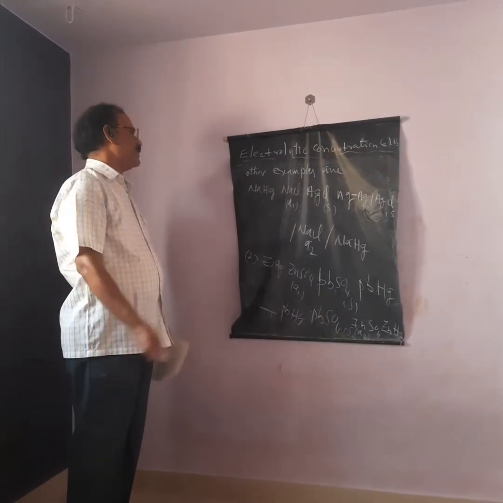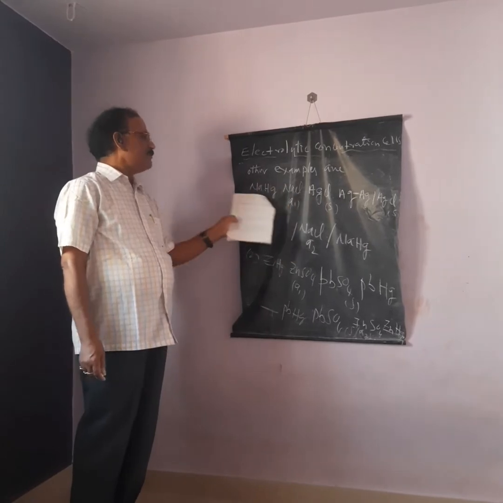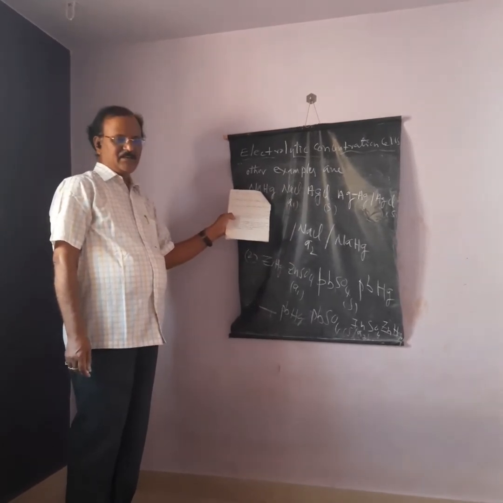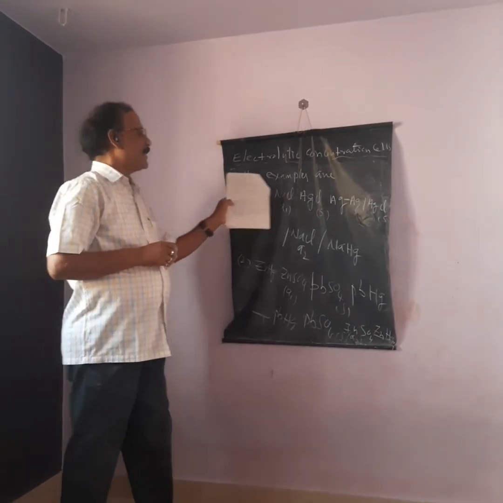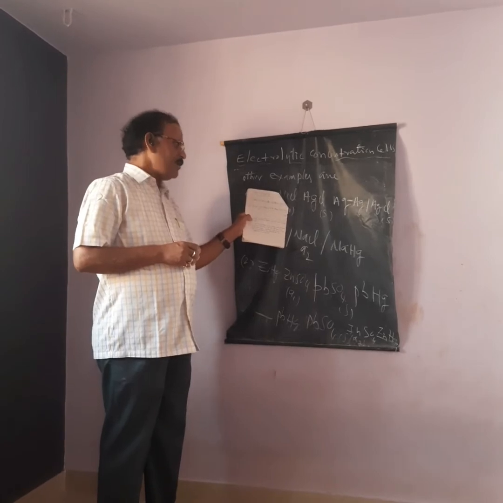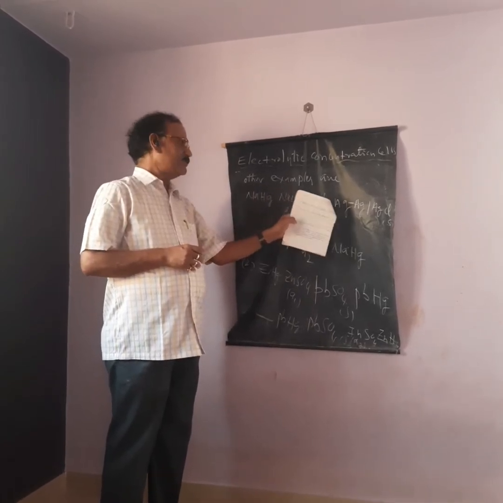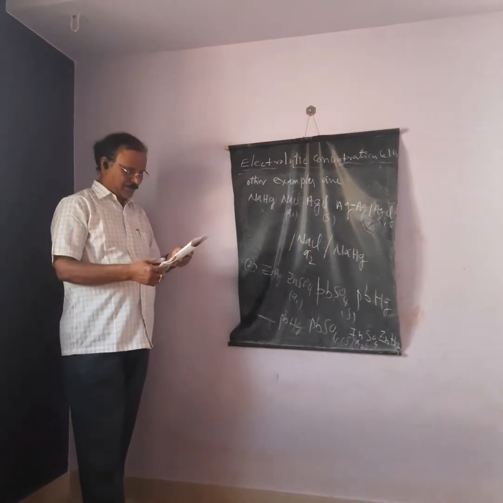So these two are also examples of electrolytic concentration cells. Here, instead of taking metal ions, the metal ion is the same but a metal amalgam is taken. This is the type metal, insoluble salt, metal ion, just like the calomel electrode.